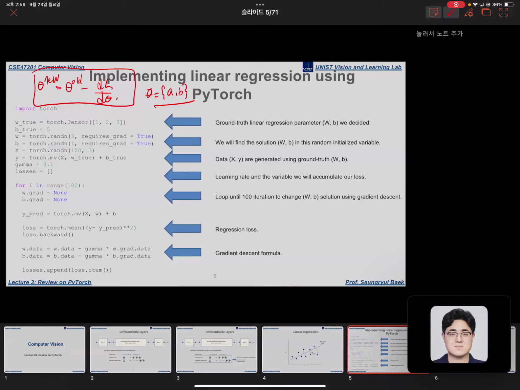So this is the code for finding W and B, the parameters for the straight line given data. I will explain that.